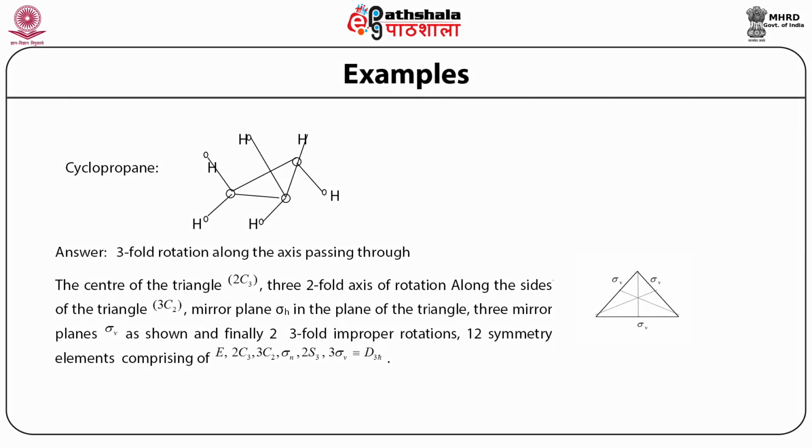Yet another example we consider is the molecule cyclopropane. So you have a regular triangle consisting of similar atoms, and there are 2 hydrogen atoms bonded to each of these atoms. So this molecule has threefold rotation along the axis passing through the center of the triangle, as shown in the slide.